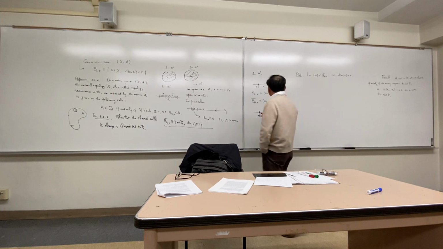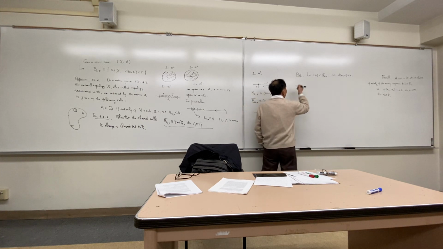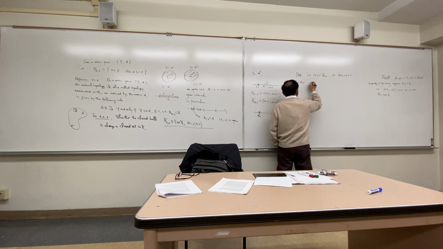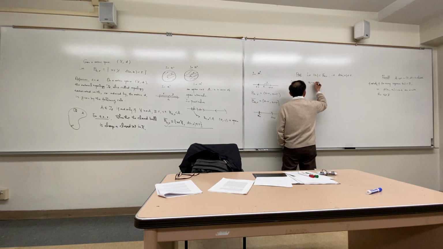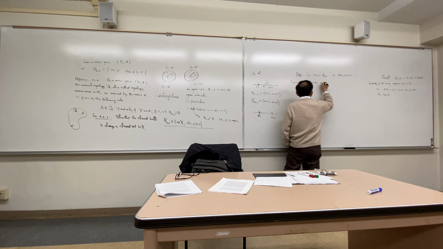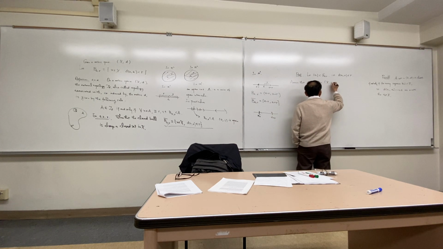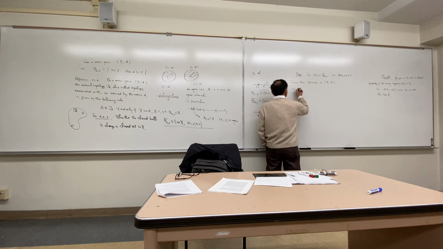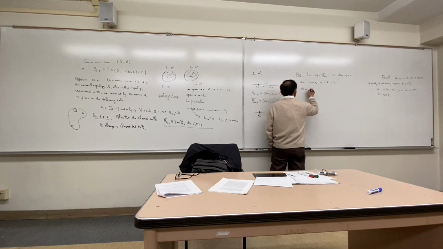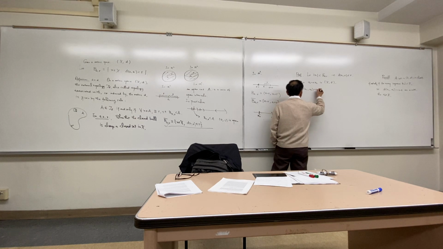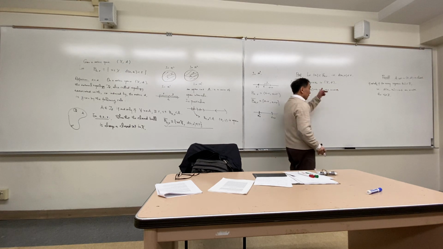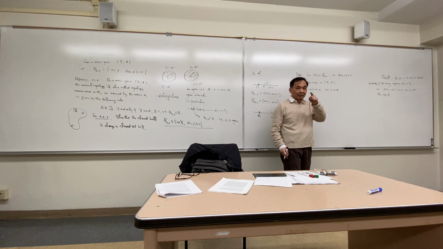And also, we assume that x_n converges to x naught in the metric space (X, d). What that means is that the distance between x_n and x naught goes to 0 as n goes to infinity, converging in the sense of d.